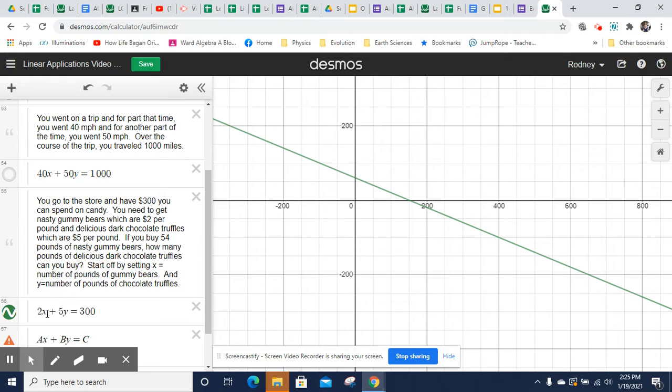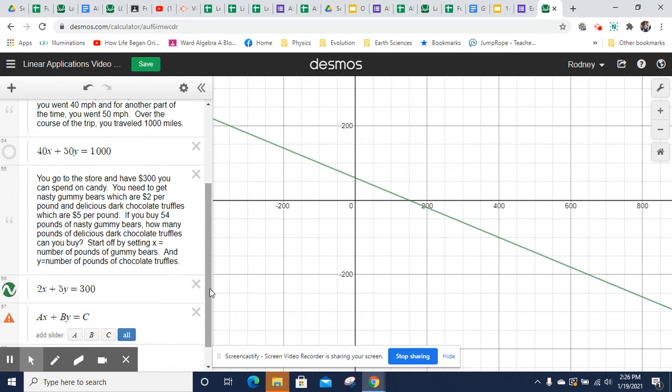Now, you may be wondering, well, how do I know which is x and which is y? In this case, it does not matter. You might want to make a practice of using the first variable that shows up in the story as the x and the second one as the y. But in this case, neither of these are really dependent on the other one.